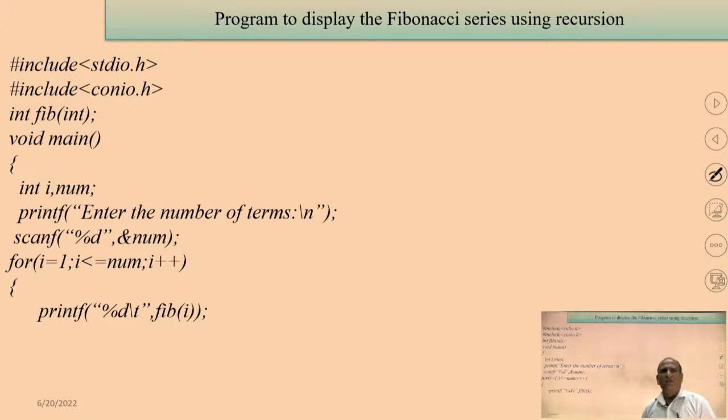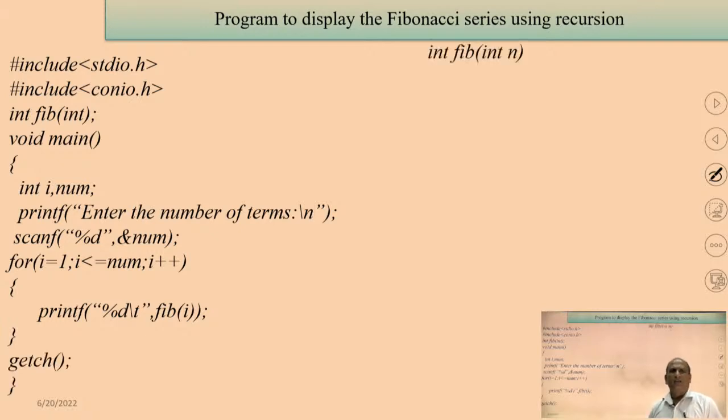Firstly fib 1 will be called, and as we have seen, fib 1 will return 0, fib 2 will return 1, and fib greater than 2 will return the sum of the previous two function calls.